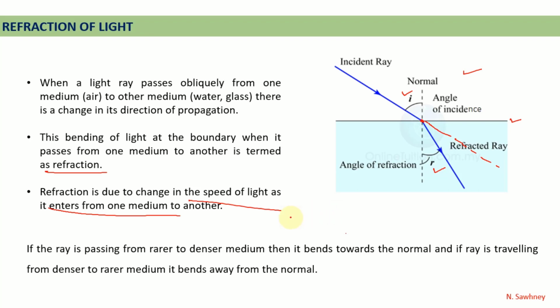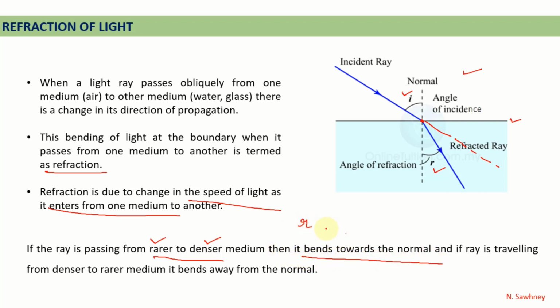When the ray is passing from rarer to denser medium, that means when the ray is passing from one medium, which is optically rarer, into another medium which is optically denser, then that ray will bend towards the normal.